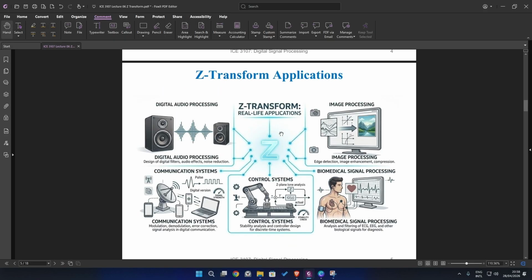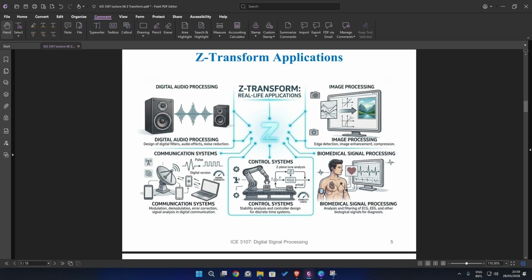So what are the applications? The applications are very important for theory questions. We can see digital audio processing. In audio there could be noise, there could be distortion, so by filtering those samples, we can have a clear audio. We can see image processing. A very dull image can be enhanced, can be compressed for size problems, edge detection, and so many things can be done.